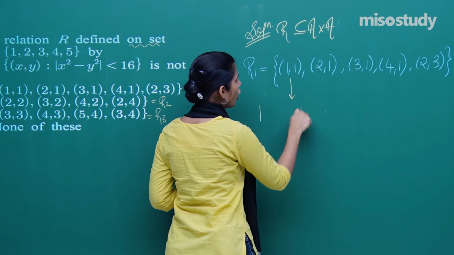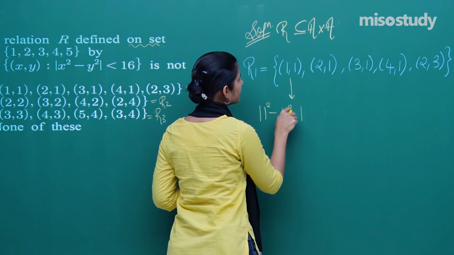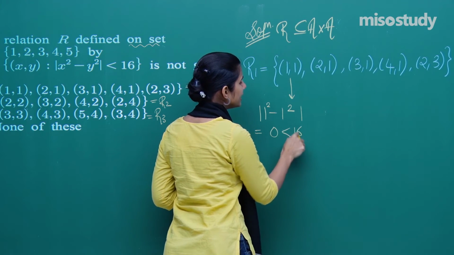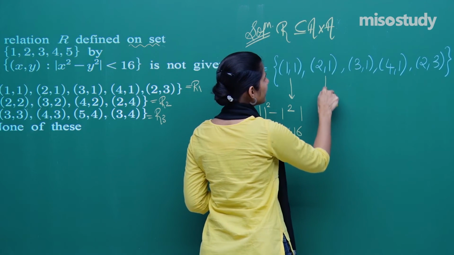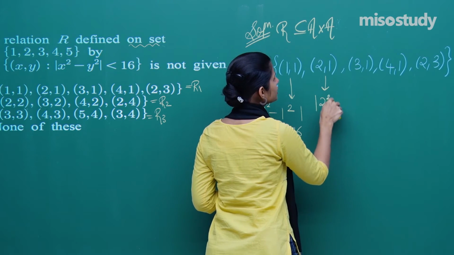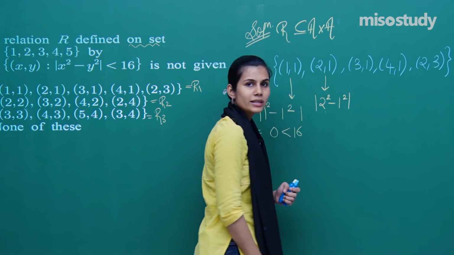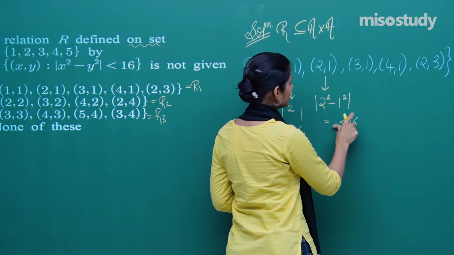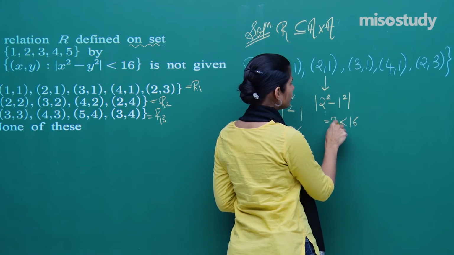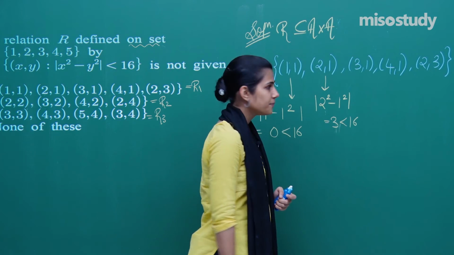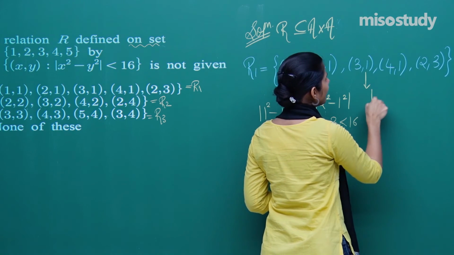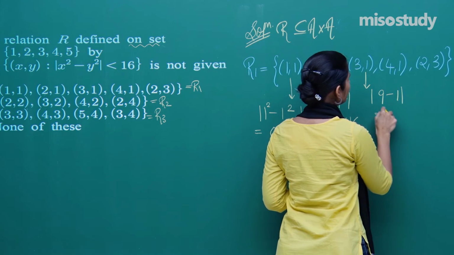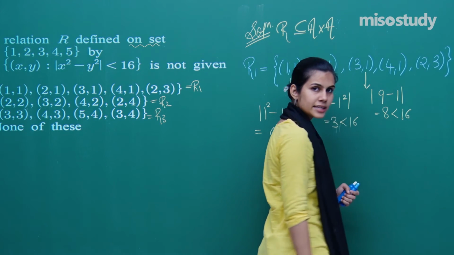Does this satisfy the rule? Well, the modulus of the difference of their squares is nothing but 0, which is definitely less than 16. If you pick up this, you get the modulus of 2 square minus 1 square, which is 3, definitely less than 16. If I move to the third ordered pair, I get the modulus of 3 square minus 1 square, which is 8, less than 16.